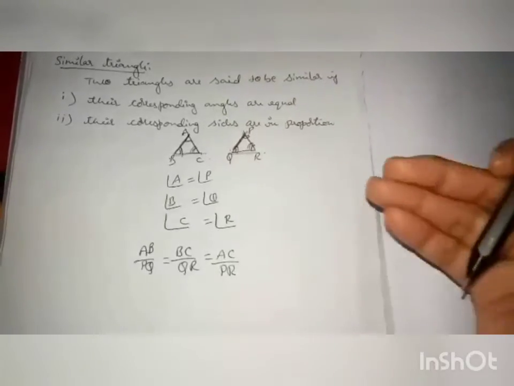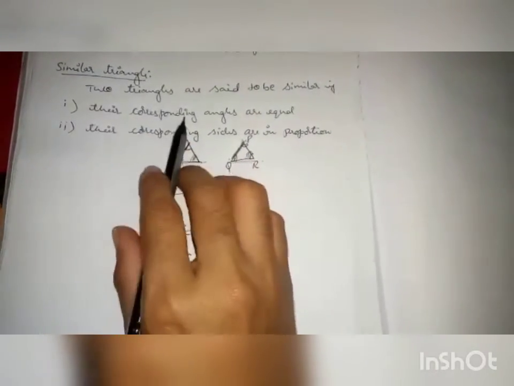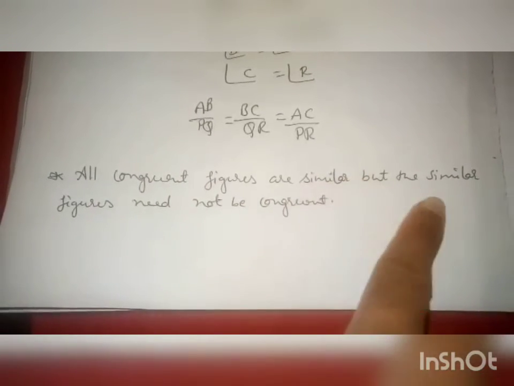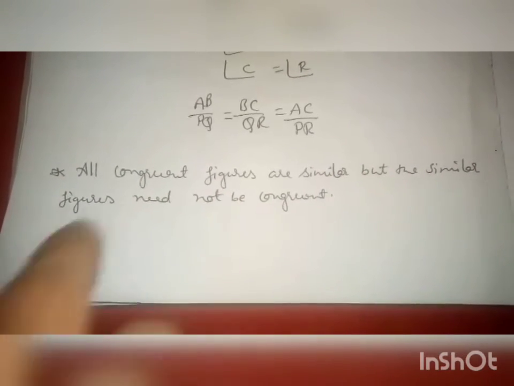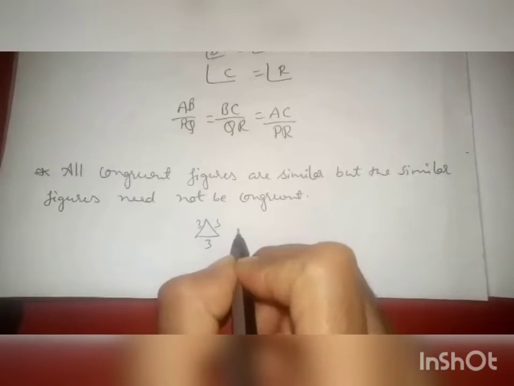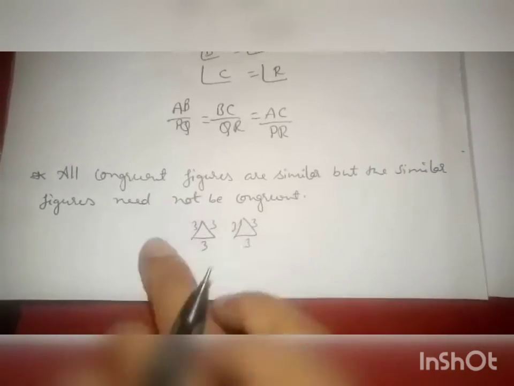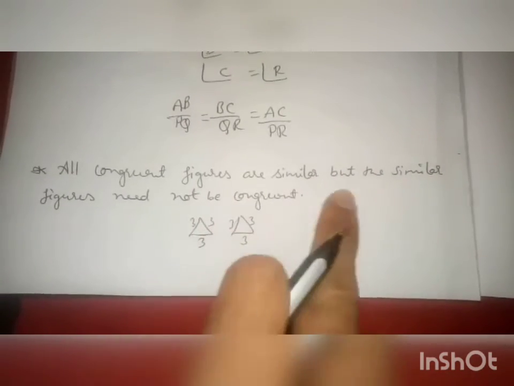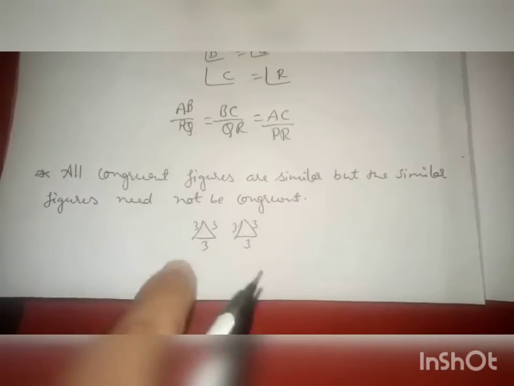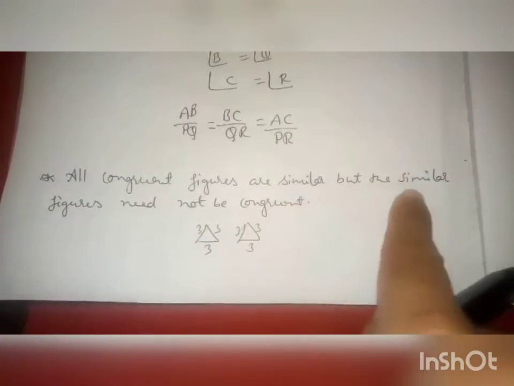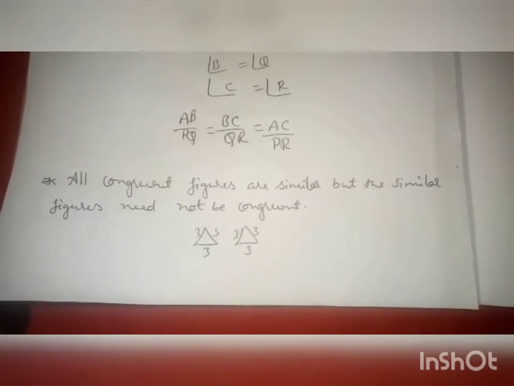We can also see that all congruent figures are similar, but similar figures need not be congruent, right? If we take this example of congruent triangles, 3 centimeter, these are congruent because same shape and same size. What about similar? For similar, you should have same shape, need not be same size, so shape is same.